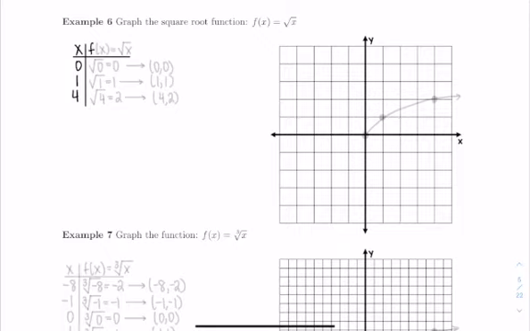The reason why I picked those numbers is because they will give me some nice y values to pair with my x values, so I can plot them easily. So for x equals 0, we end up with the square root of 0, which is 0. And so that gives me the point 0, 0. For 1, we get the square root of 1, which is just 1. And so I get the point 1, 1.